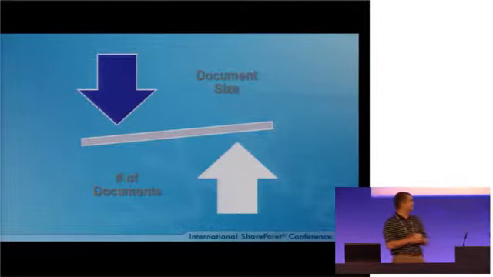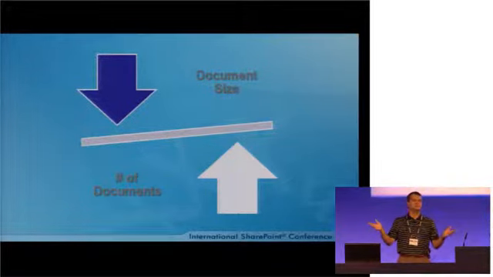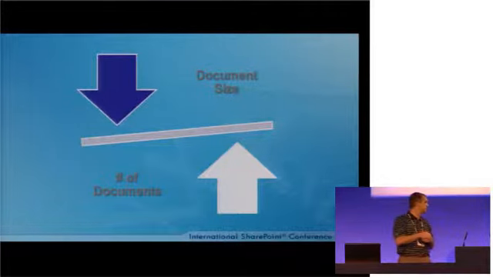Wow, you guys are well trained in here. Yeah, 2 gig. That's right. Now, do you think you can have 30 million 2 gig documents in a single library? No. As I increase the upload size of my documents, the number of documents in a library must decrease. So that concept goes across the board in SharePoint. You can't hit the boundaries all the way across the board. You can have how many content databases in a web app?